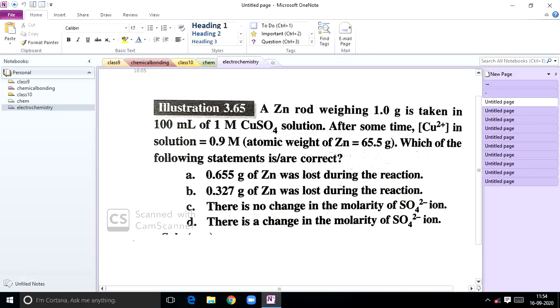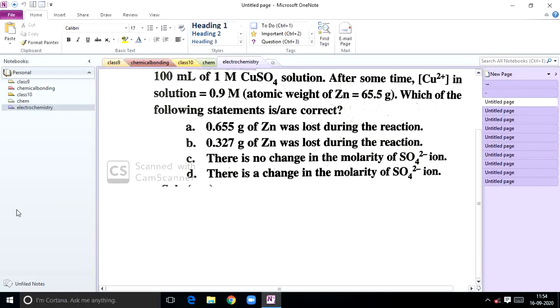A zinc rod is dipped in copper sulfate solution, students, that is the experiment.